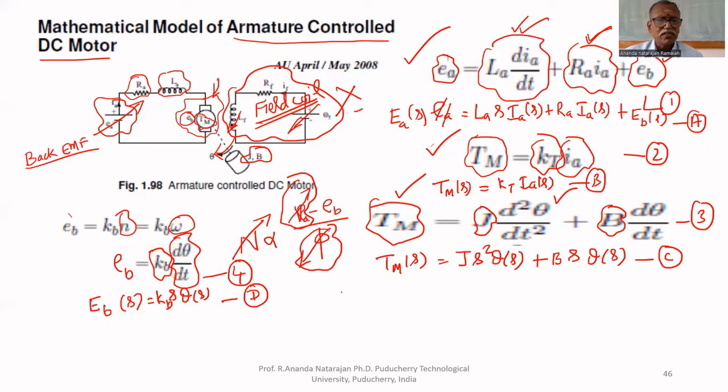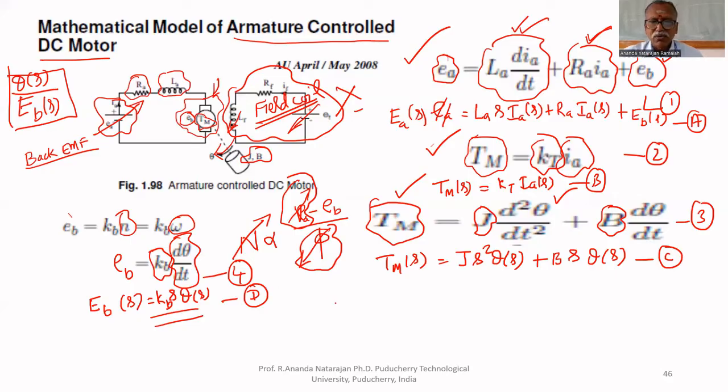Transfer function model of the armature controlled DC motor. What we can do is take this IA of S outside, and IA of S can be substituted from here. Then you can substitute Tm of S in that. Everything will be in terms of theta. Then in place of EB of S, if you substitute this, the back EMF also comes in terms of theta.